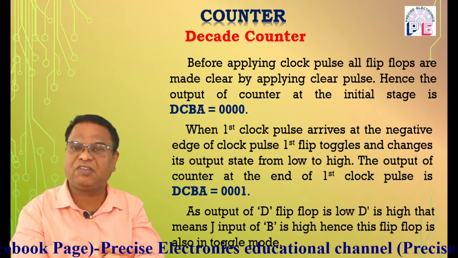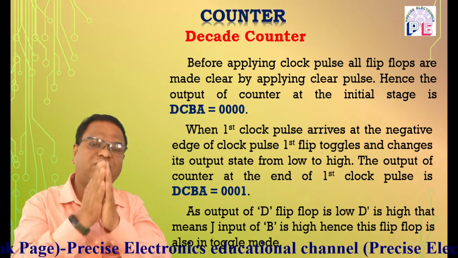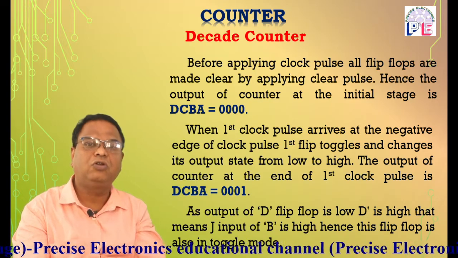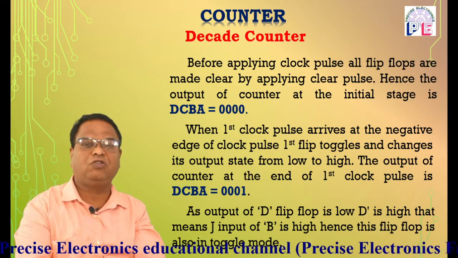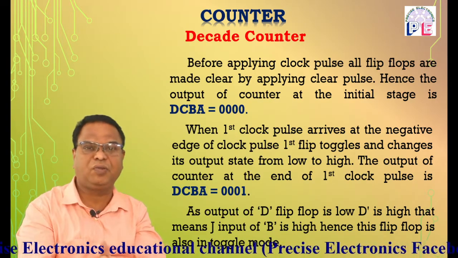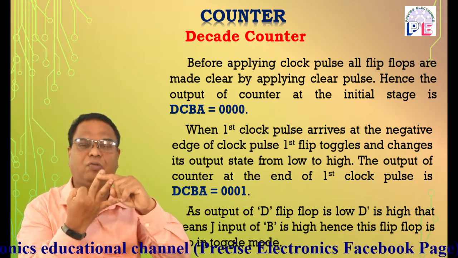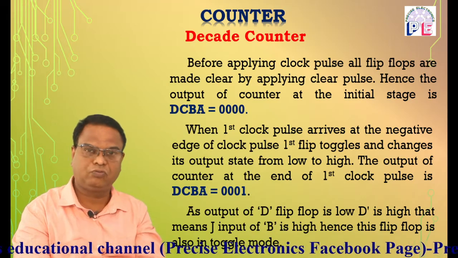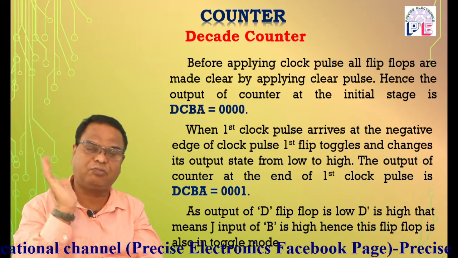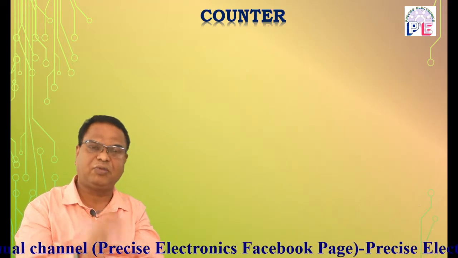So D complement is high. That's why both J and K inputs of the second flip-flop are high, so obviously the second flip-flop is also in toggle mode. So the first, second and third flip-flops are in toggle mode, and the transition of state occurs as in our previous counter, the ripple counter.